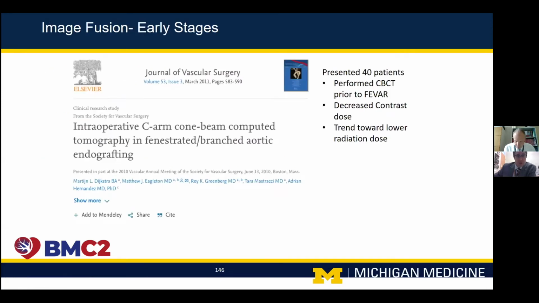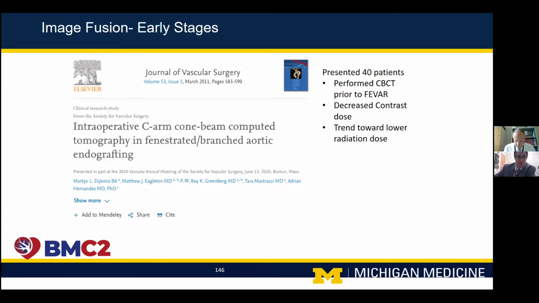The first papers that really talked about image fusion actually came out of Roy Greenberg's group, out of Cleveland Clinic, back in 2010. They talked about using cone beam CT to fuse the preoperative images to the cone beam image that was taken in the operating room to create a fusion image that you could then use for performing your procedure.